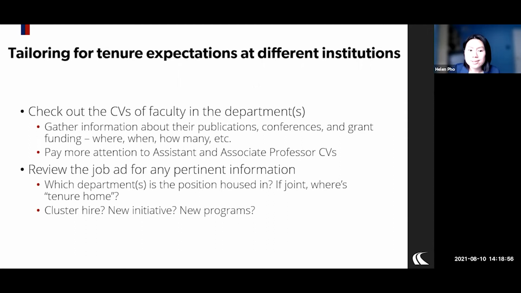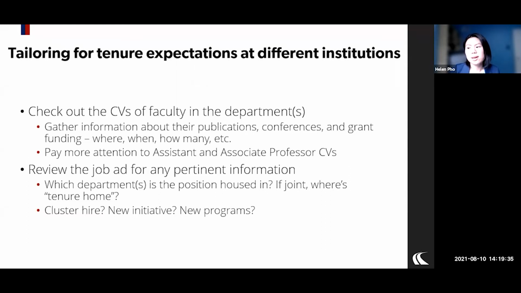The other good place to look for pertinent information about tenure expectations is in the job ad itself. I always advocate for reviewing the job ad multiple times, just so that you can understand as much information about this position as possible. If it is a joint hire, for example, you want to know what departments are going to be housing this position. If it's a joint hire, usually there is a tenure home for the position, so you'll want to figure out where the tenure home is.